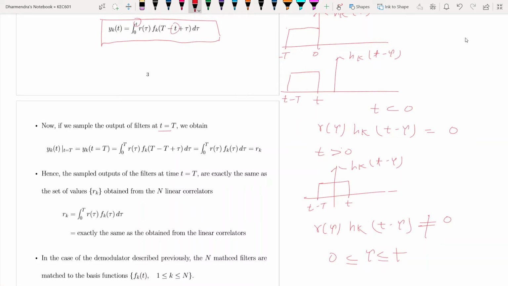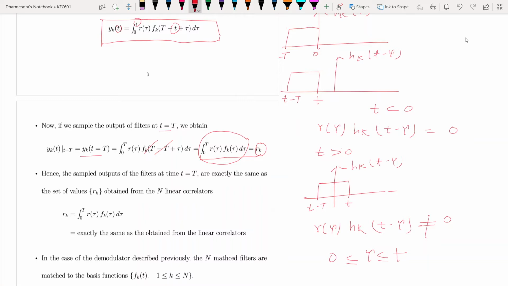Here I will substitute t is equal to capital T. Okay, so the t will cancel out, and I will get this, which is equivalent to the rk that was output in the correlator type.